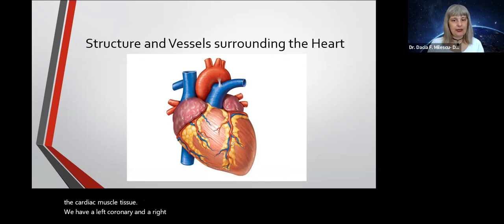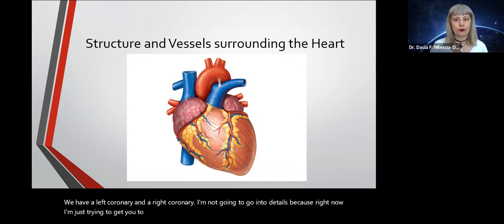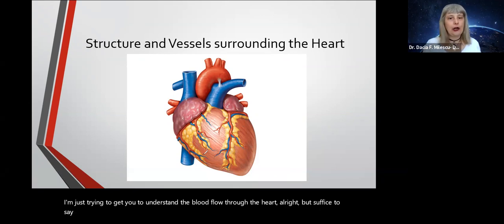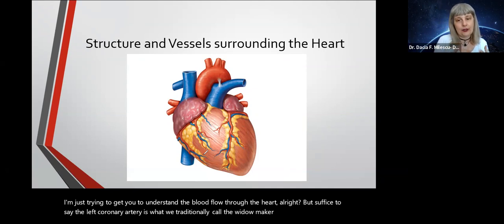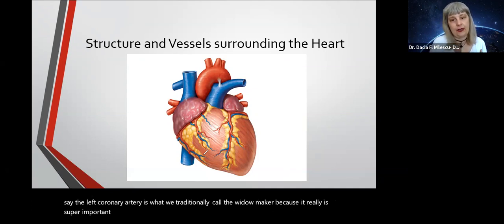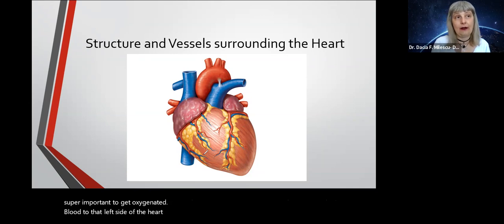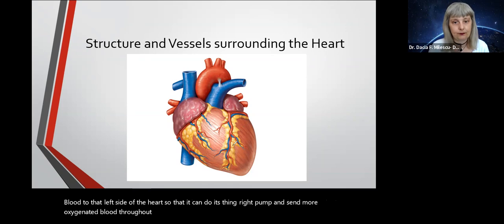I'm not going to go into details because right now I'm just trying to get you to understand the blood flow through the heart. But suffice to say, the left coronary artery is what we traditionally call the widowmaker, because it really is super important to get oxygenated blood to that left side of the heart so that it can do its thing, right? Pump and send more oxygenated blood throughout the rest of the body.